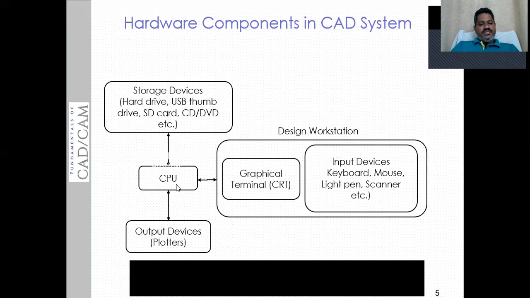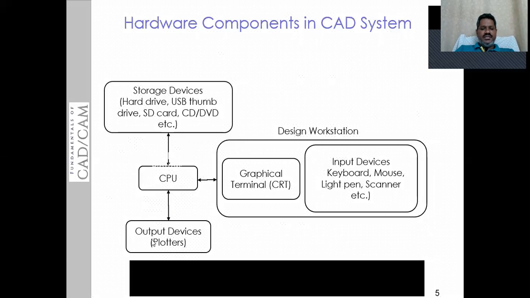Then this central processing unit is also connected to the output device. Just assume that you have plotted a drawing, or created a solid model. If you want to store that in the form of a document or hard copy, you need to get a print. So this CPU is also connected to the output devices.